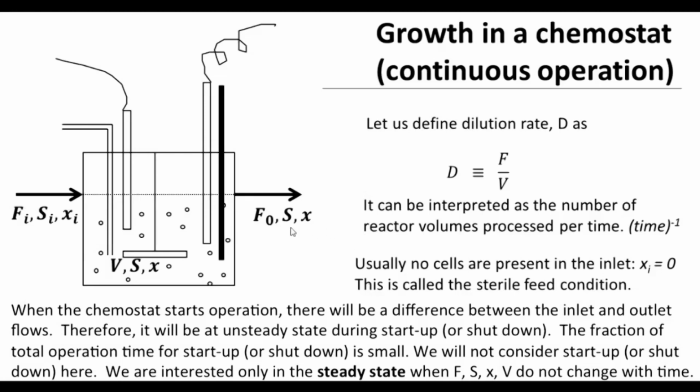This is the condition that we are going to analyze, and which is the condition under which the continuous bioreactor or the chemostat will be in operation for most of its useful period.